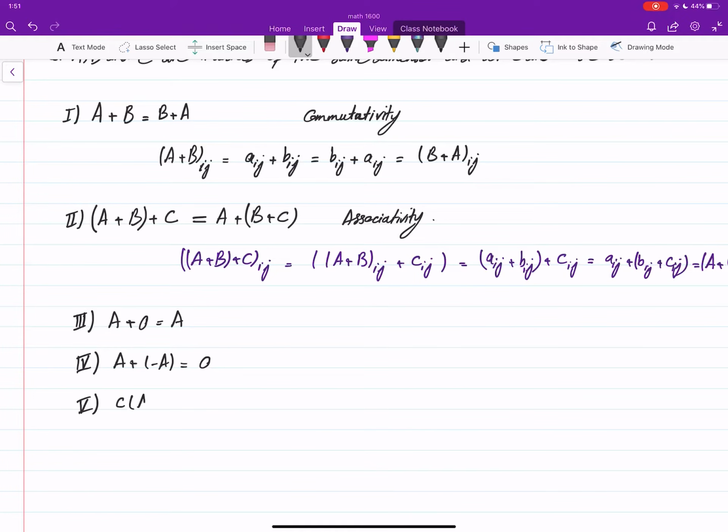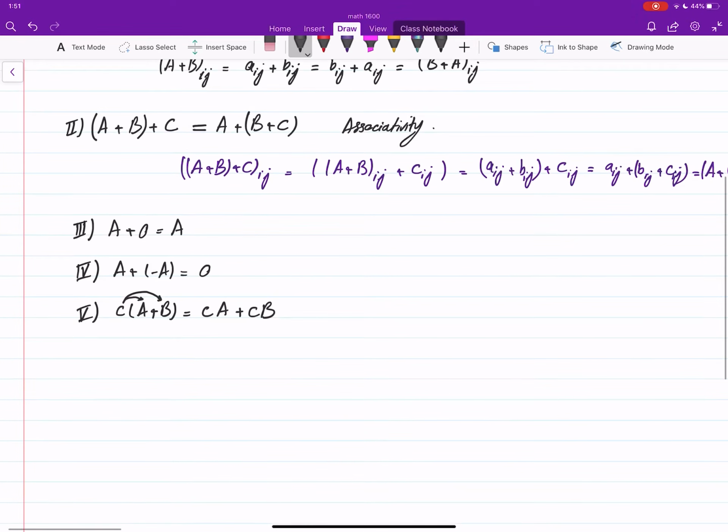If you add two matrices first, then scalar multiply a constant to it, you will see that this constant goes in and distributes over these. So scalar multiplication distributes over the matrix sum.